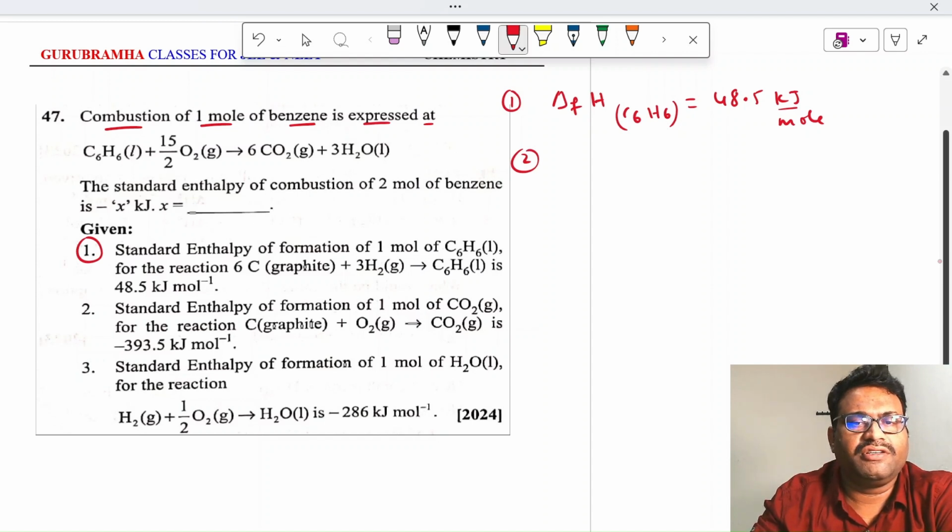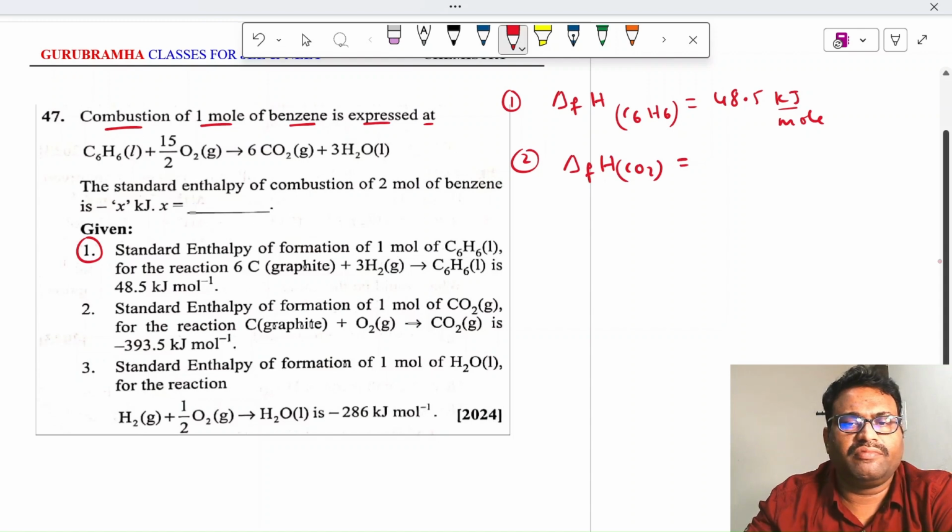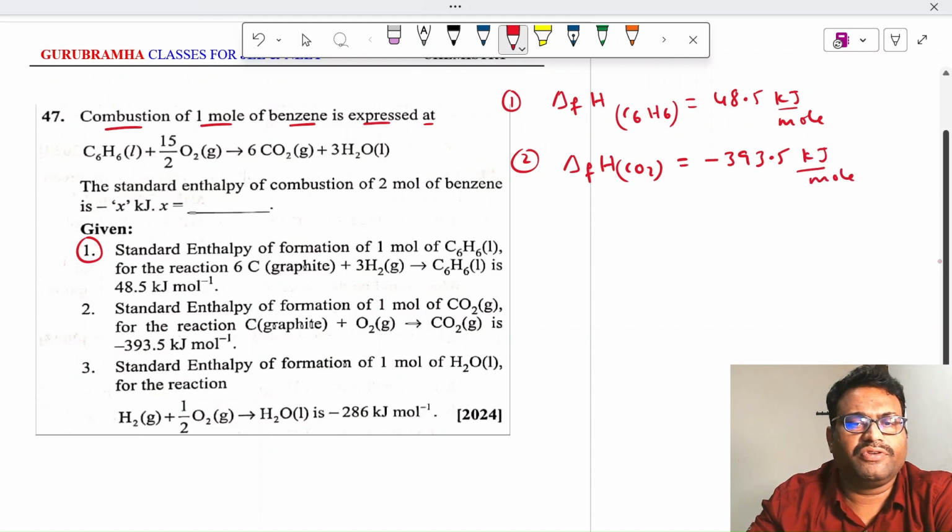So what is given? Standard enthalpy of formation of CO2 is given as minus 393.5 kilojoule per mole. Next, third, what is given?